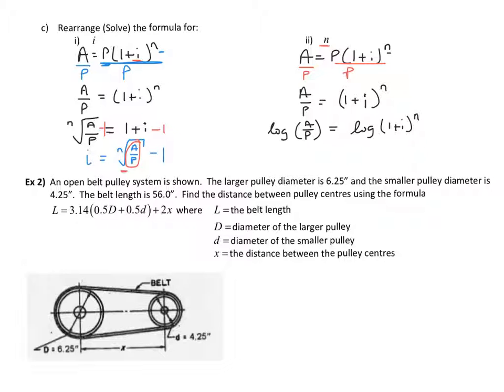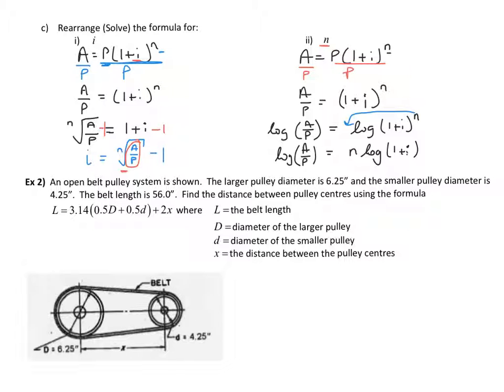And then we can apply that log law that's going to pull that n down front, and we're going to end up with the log of capital A divided by P is equal to n times the log of 1 plus I.